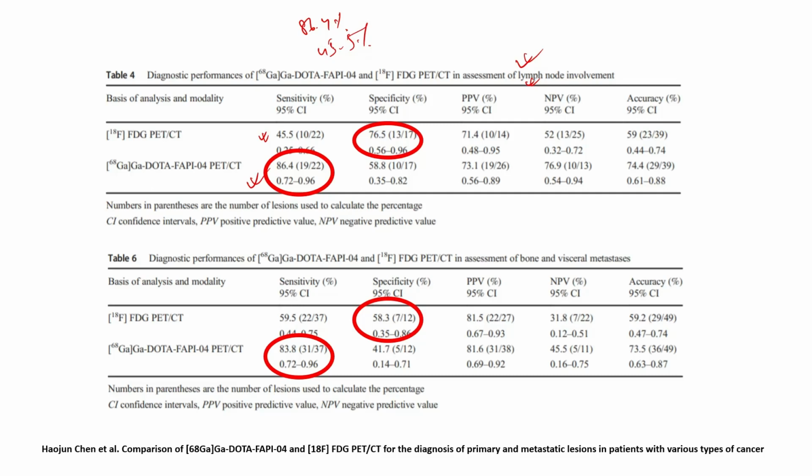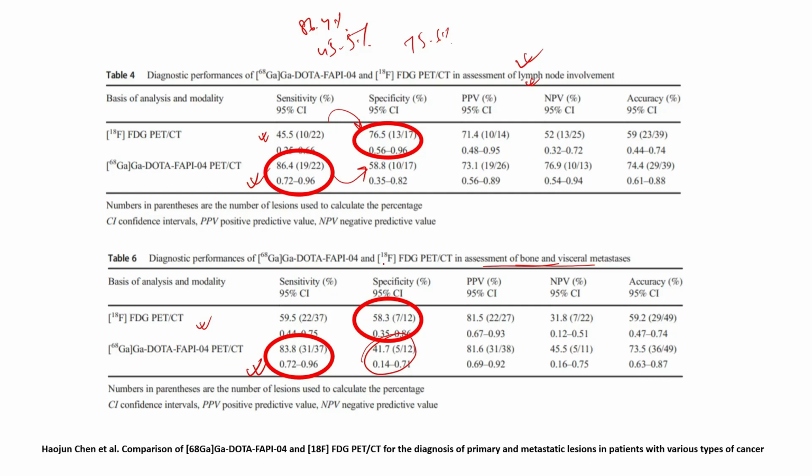But in contrast, the specificity of FAPI is quite a bit lower compared to FDG. FAPI specificity is about 58.8 percent, but FDG has higher specificity, about 76.5 percent. That's for the assessment of bone and visceral metastases. We can see that again DOTA FAPI has higher sensitivity compared to FDG, whereas the specificity for bone and visceral metastases is quite low for FAPI, and FDG has higher specificity.